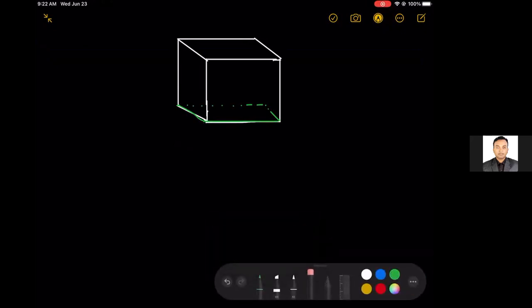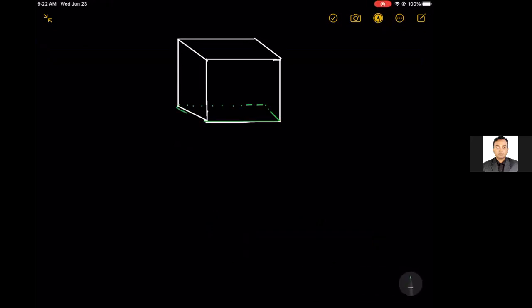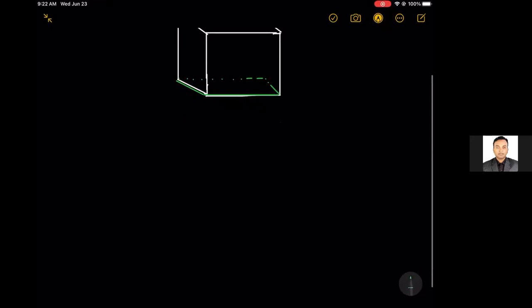It's square shaped. That means if I draw it separately, it looks like this. It's not that small, but I'm trying to show that it's a square shaped base.